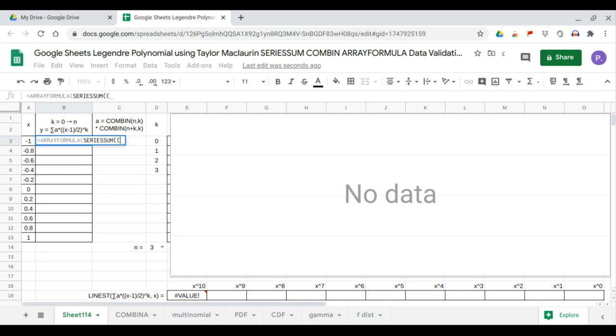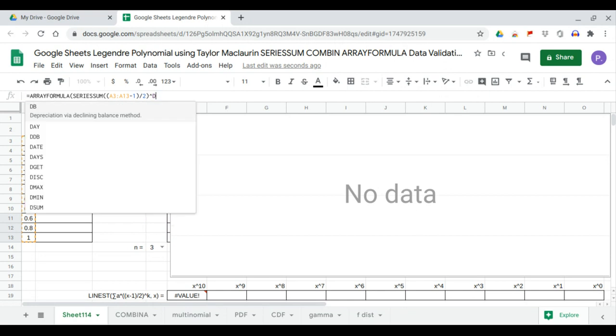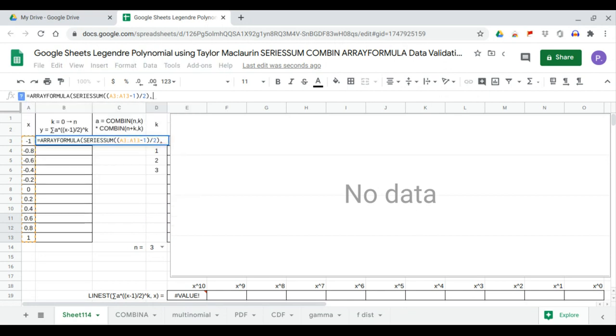So that is x minus 1 over 2 raised to the power k, or raised to the power starting from 0, incremented by 1, and the coefficient will be this range, which is a.